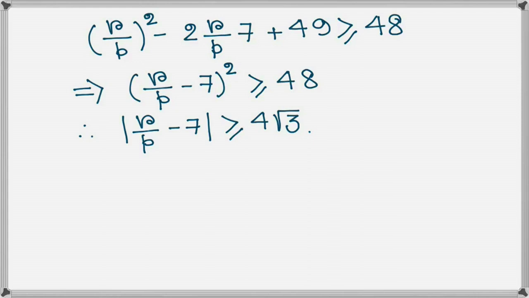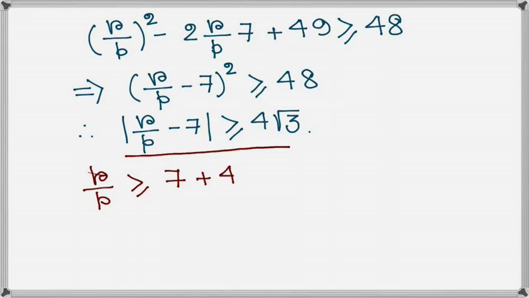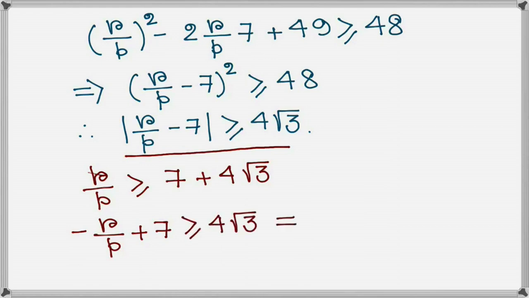So we can write from this inequality that r/p ≥ 7 + 4√3, and also we can write -r/p + 7 ≥ 4√3, which means r/p ≤ 7 - 4√3.